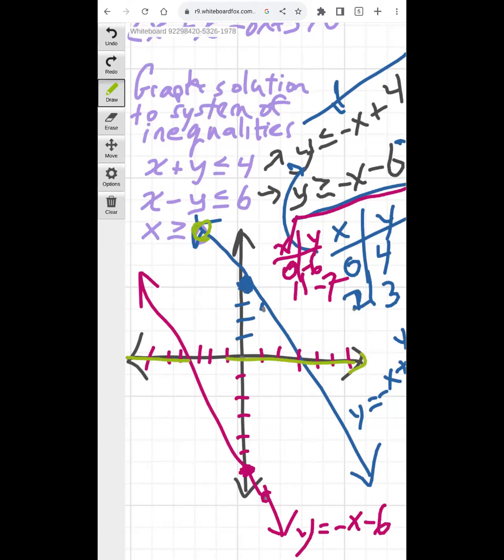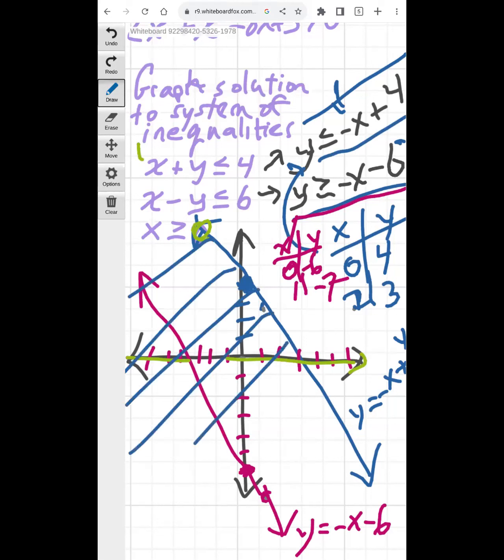All right, and now we're going to shade this. So for this first inequality, that was the blue line, we have y is less than or equal to negative x plus 4, which means we need to shade everything underneath and to the left. So we're going to have to shade this way for the first inequality.